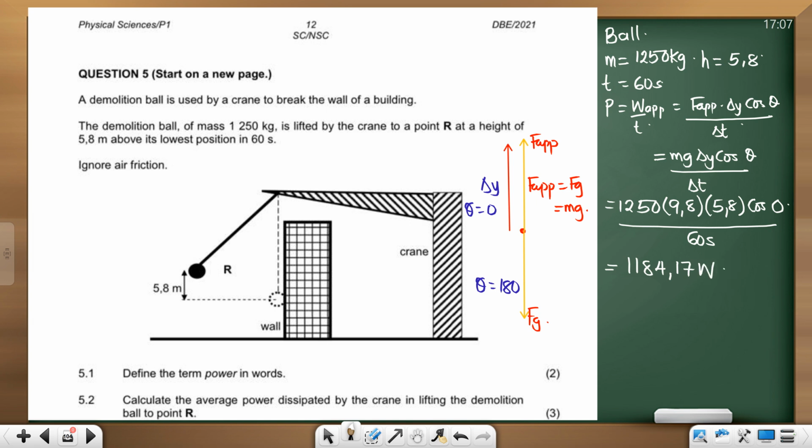Three marks in the bag. So it's important to be able to deduce that F, please. That's where the challenge is.